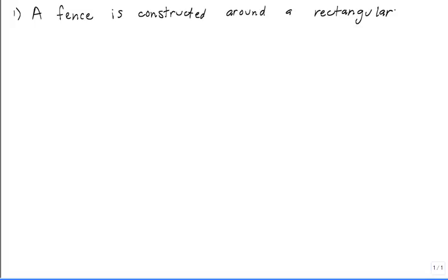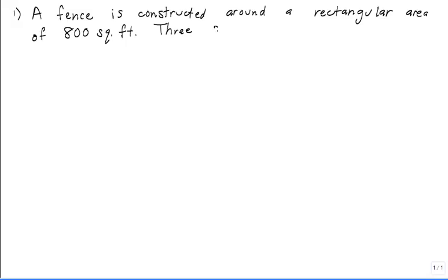So let's take the first example, and this is a fence, and these are classic examples. You'll see these repeated and repeated. A fence is constructed around a rectangular area of 800 square feet.